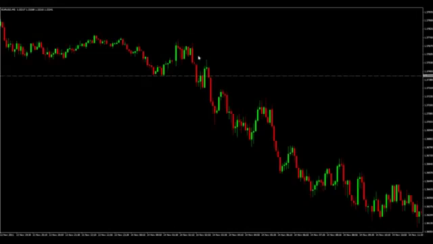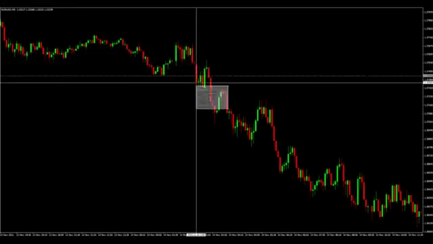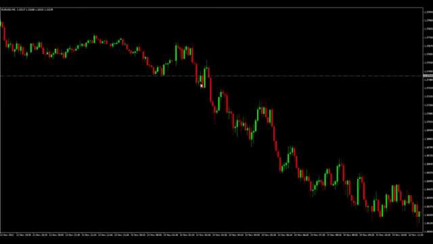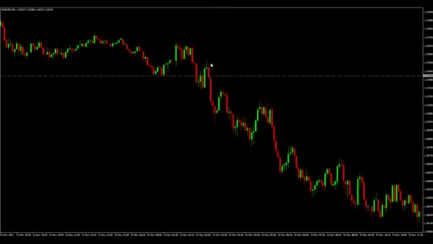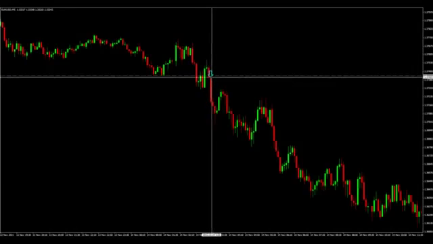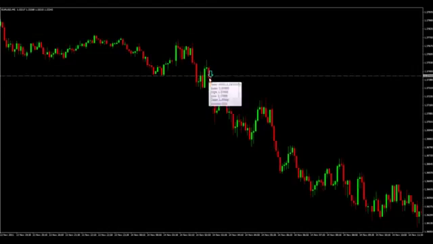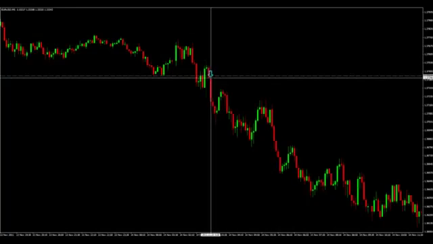So the particular strategy that I was using was whenever you have a support line and price comes down and breaks this support line in a downward move, we wait for price to retrace back above this support line, and once it re-breaks this support line again, then we are going to be taking the trade. So this would be a put right here that we would be taking at the very top of this candle. As soon as that candle closes and ends under our support line, we'd be taking a put right there.